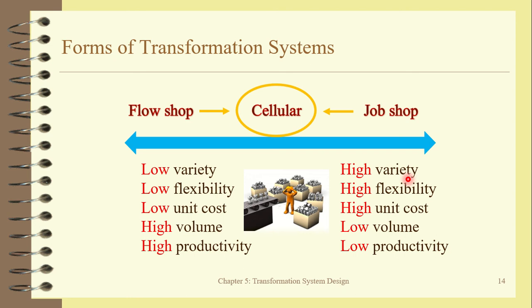So the unit cost is going to be high, the volume is going to be low, and the productivity is going to be low. The job shop focuses on high variety or high flexibility, but the disadvantage is high unit cost, low volume, low productivity.